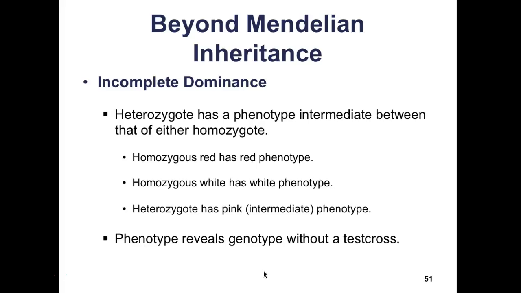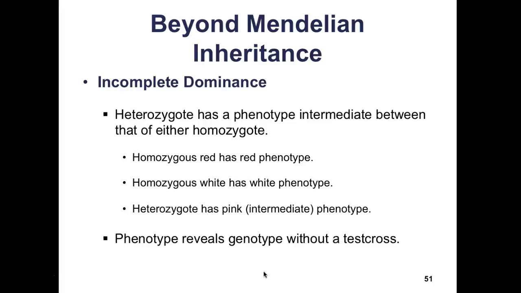Incomplete dominance is when the heterozygote has a phenotype that is intermediate between that of either homozygote. If you look at impatiens or four o'clock flowers, homozygous red has a red phenotype, homozygous white has the white phenotype, but the heterozygote would have the intermediate, which would be pink.